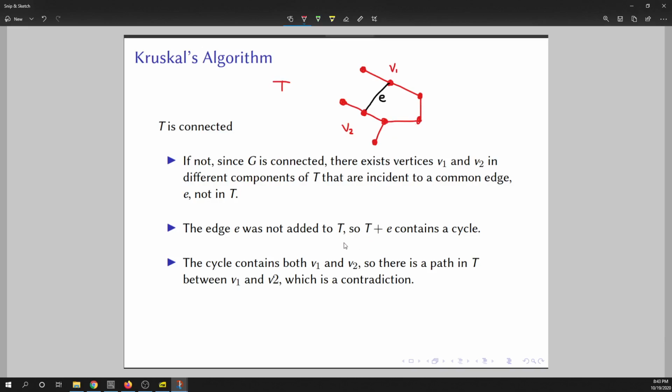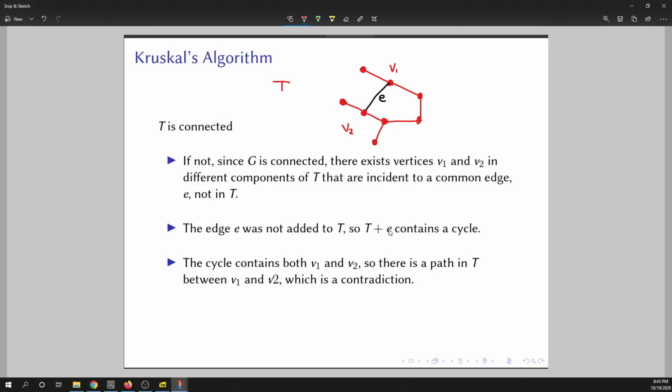Okay, why is that so? Well, remember, what we do essentially in Kruskal's algorithm is to look at every edge in the order from smallest weight to highest weight, and we only add that into the graph if it does not make a cycle. So the fact that E is not in this graph means that it makes a cycle in T.